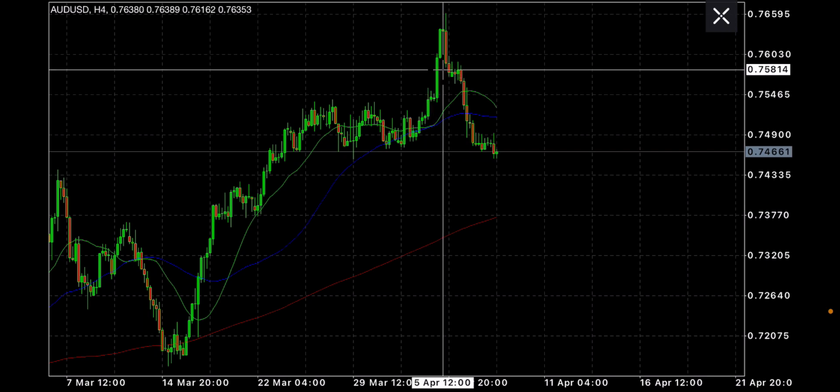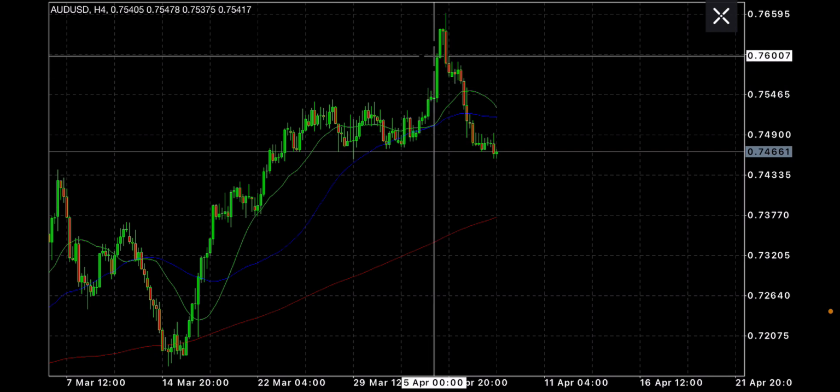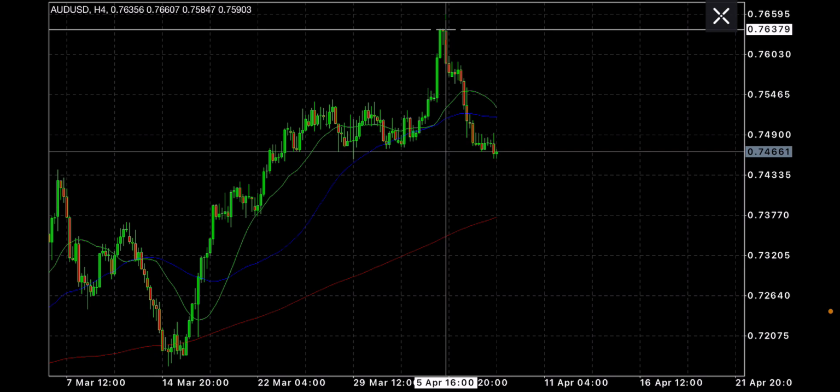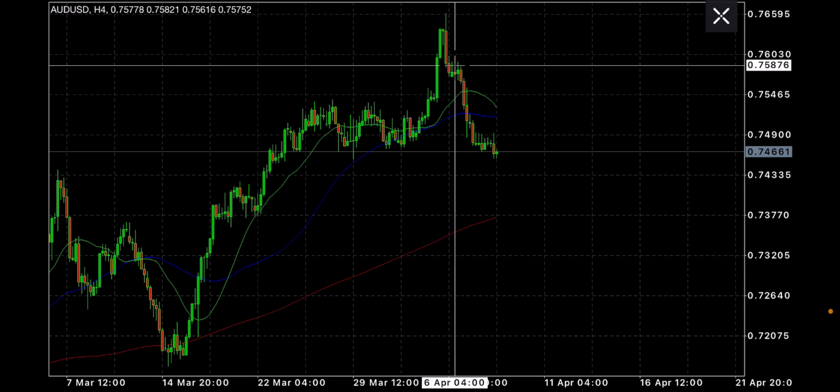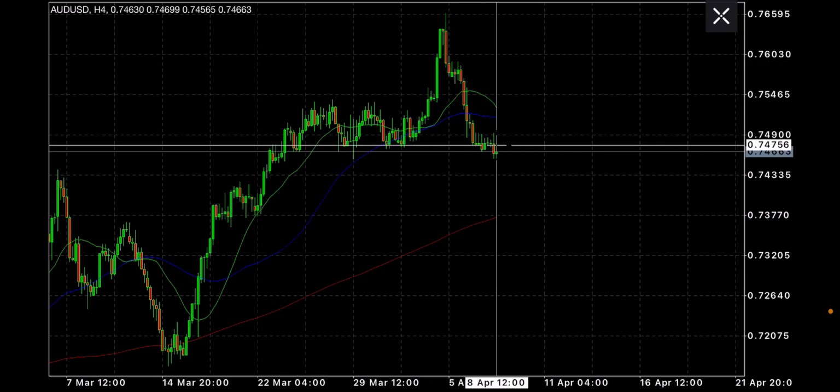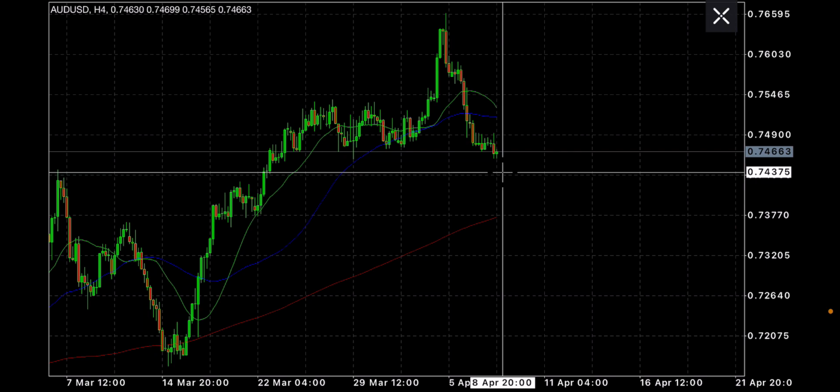For the Aussie, the interest rate was 10%. They predicted it was going to be 10%, and it was 10% previously. So they caused it to have a surge up in price, but ever since then we've been going down.